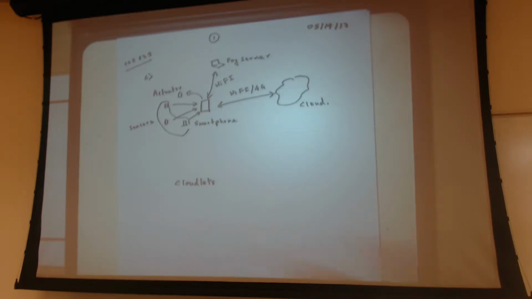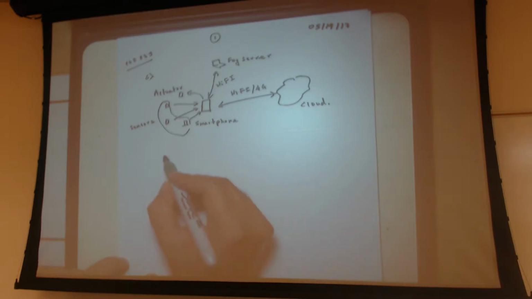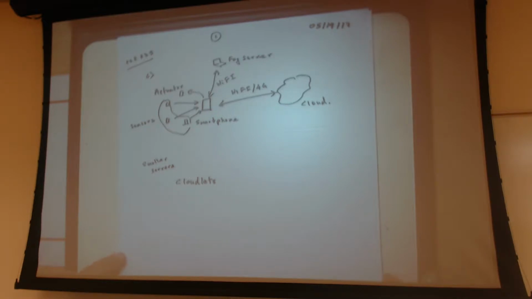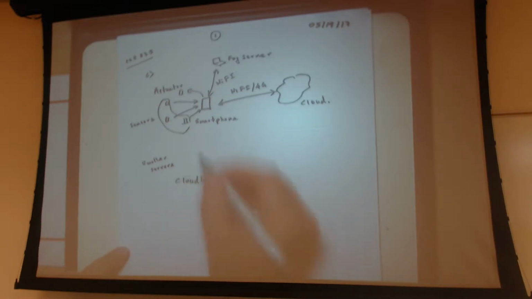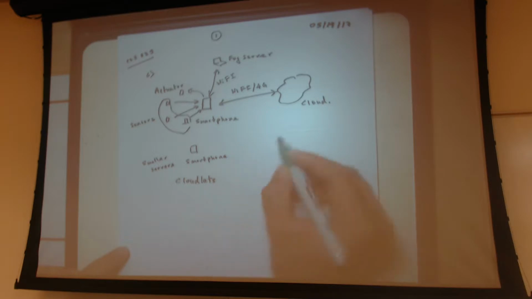So what are cloudlets? This idea is closely related to another idea. We'll come to that later. So cloudlets are smaller servers that are not really enterprise. So nobody maintains those servers. But these are smaller servers. Maybe another person's smartphone, or another person's desktop server.